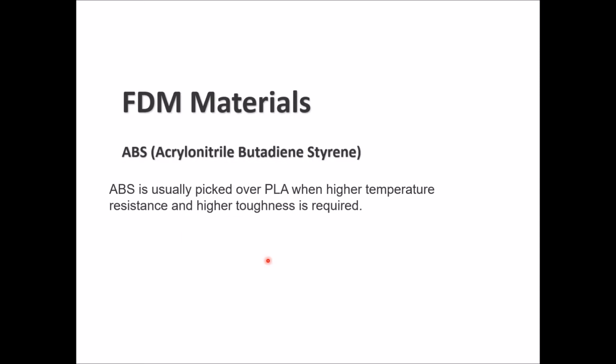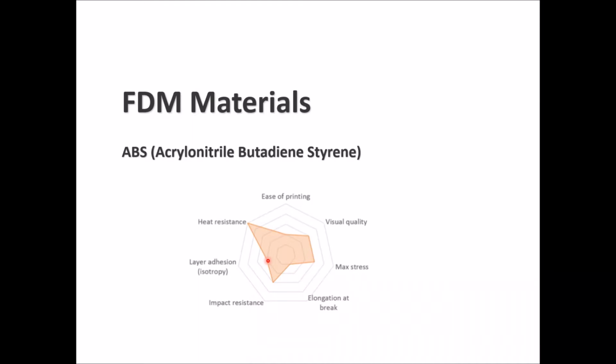For the ABS, a lot of times, if you're not going with PLA for FDM, then you go with the ABS material, especially if your application involves high temperature resistance or high toughness, and in some cases impact resistance as well. We can see the properties map for ABS.